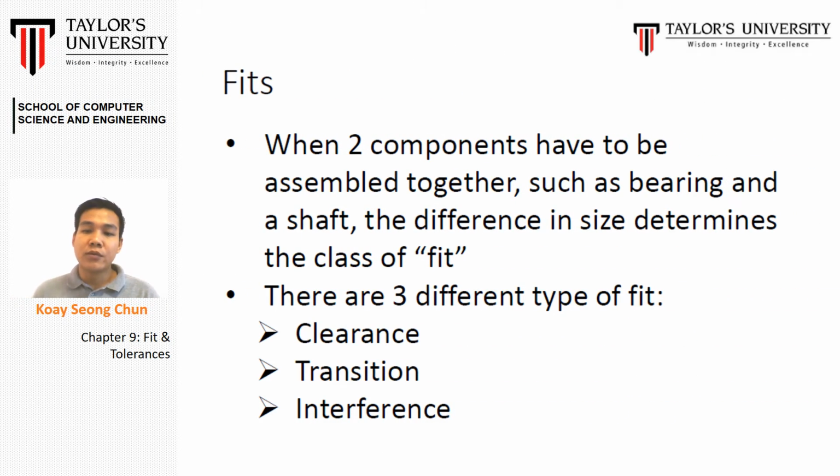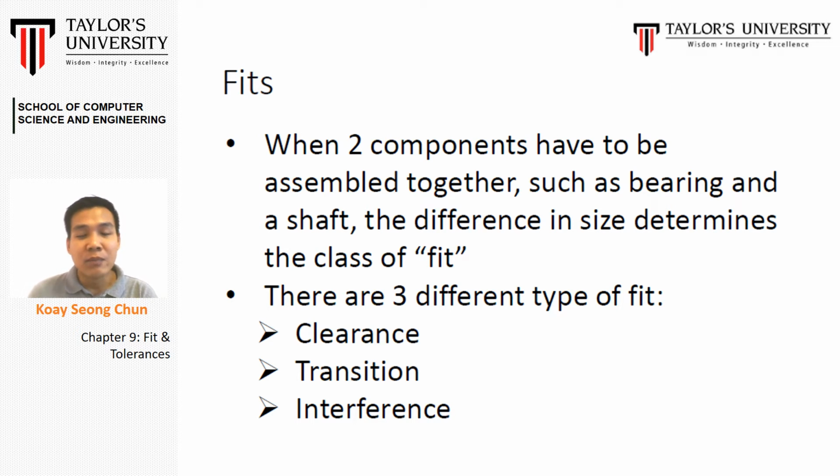Okay, so usually for components, especially assembly components, we have different components we need to fit together, we need to join together. And how they fit between two components, actually we have different types of fits. We have a clearance fit, transition fit, and interference fit.